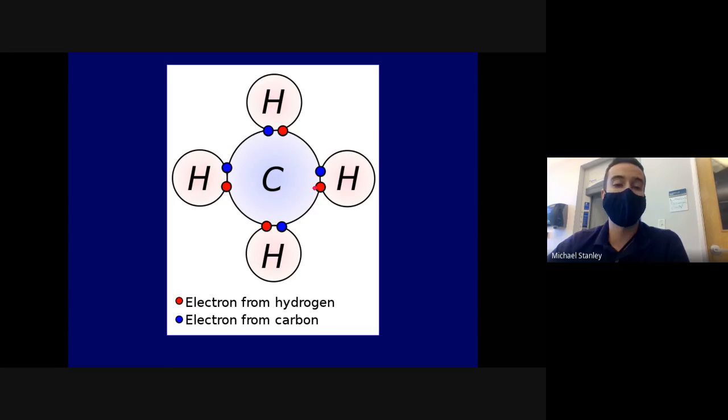So now carbon feels like it has 8 electrons on its outer shell. So this is how covalent bonding works. Notice how the hydrogens aren't losing their electron, they're not giving them away to carbon. Instead, they're sharing. They're both using each other's electrons in order to get to that full outer shell.